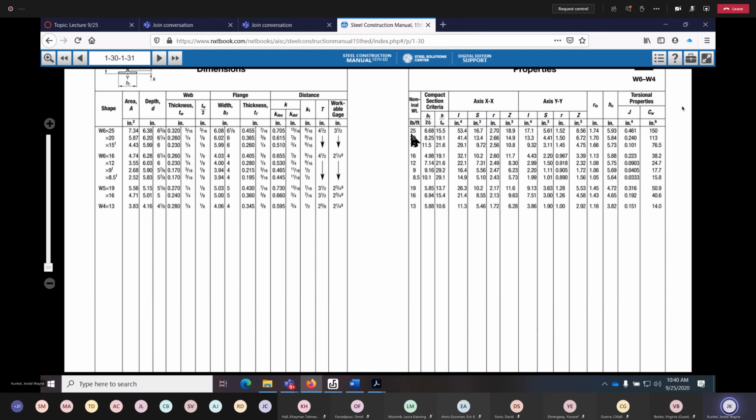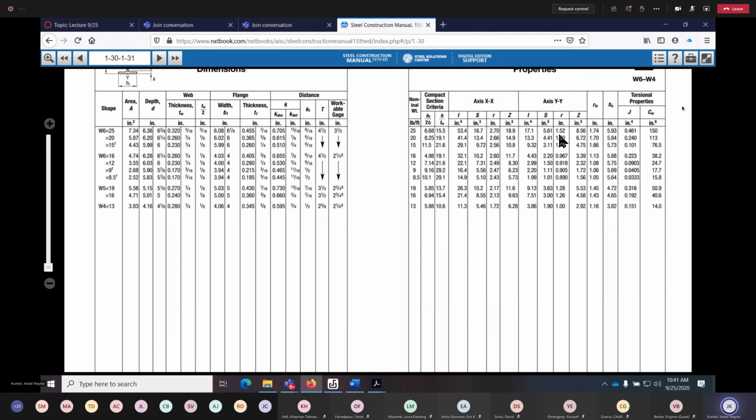Remember when you get your manual that the properties of these members are on 2 pages at a time. So the right-hand page continues with the properties of the 6 by 25, and we're going to read across. There's the radius of gyration about the x-axis of 2.70. There's the radius of gyration about the y-axis of 1.52.